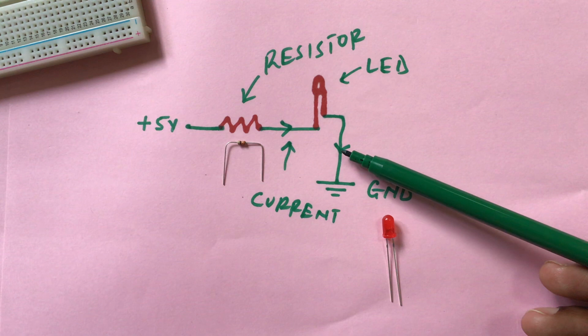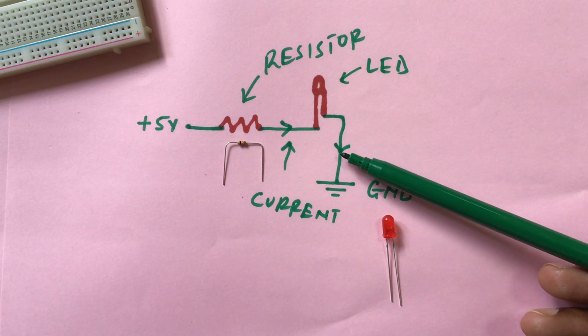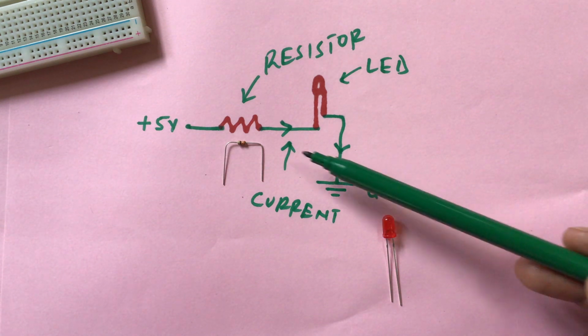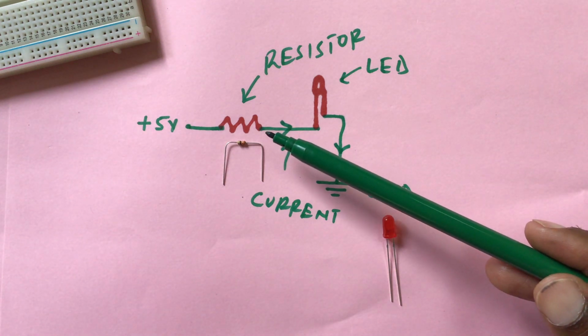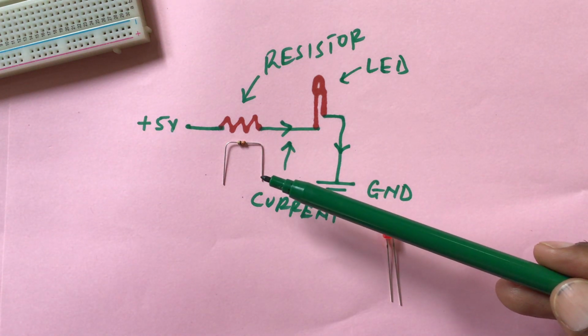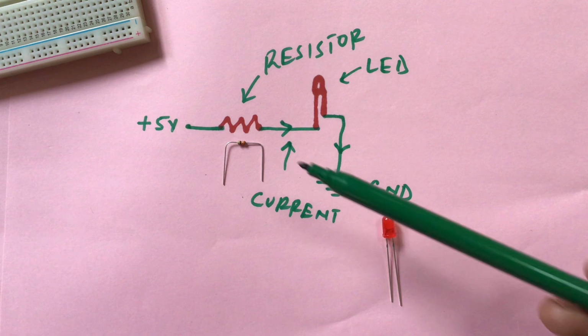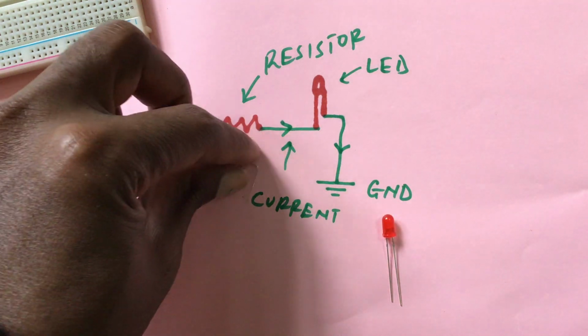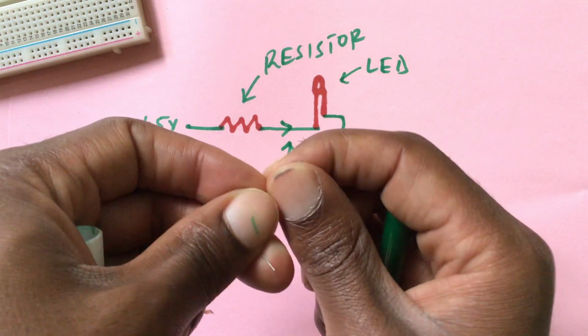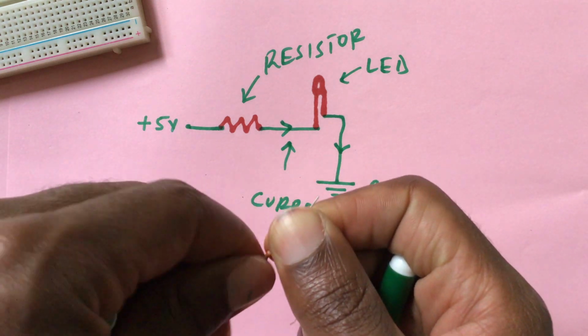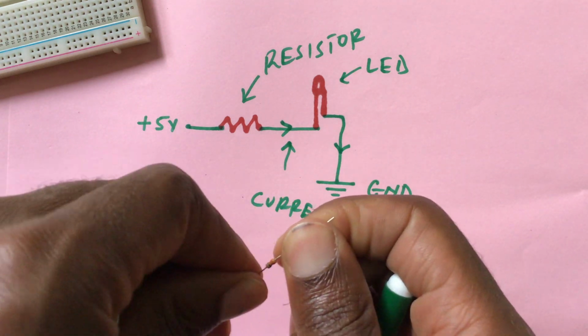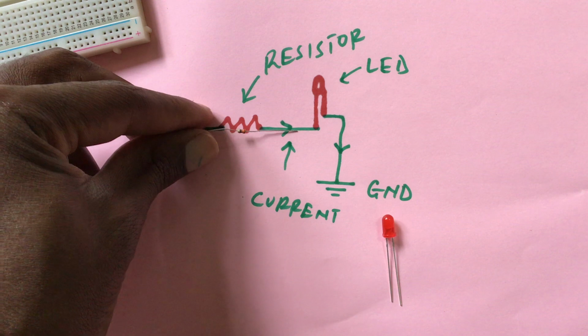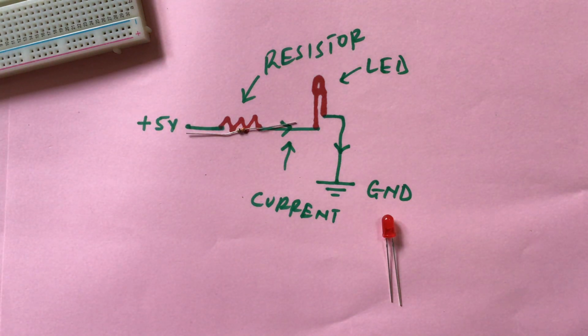So even having the resistor here, it will still reduce the flow rate of the current, and also having it here, it will still reduce the flow rate. That's why we don't have polarity for the resistor. Resistors just come like this. I'm the one who folded it like that. So they typically don't have polarity. You can connect it on either side.